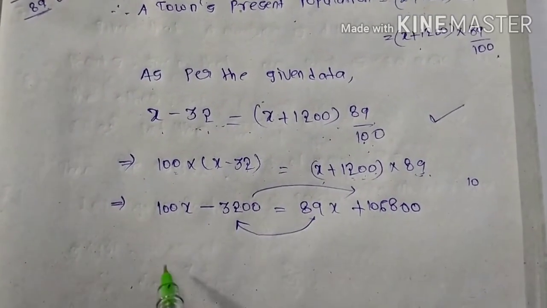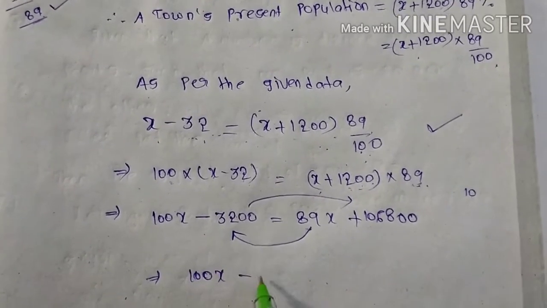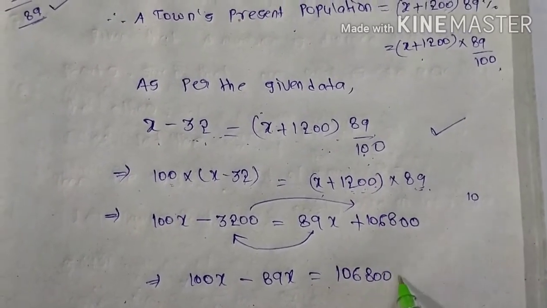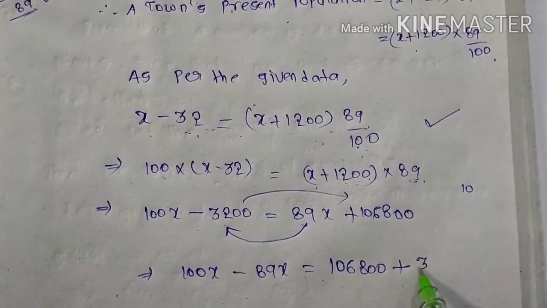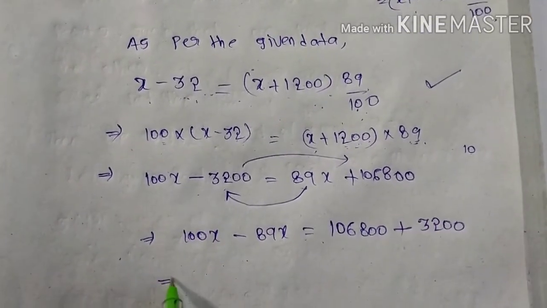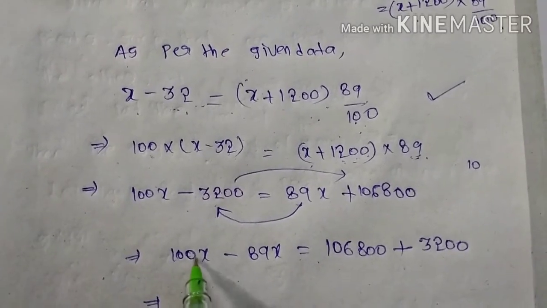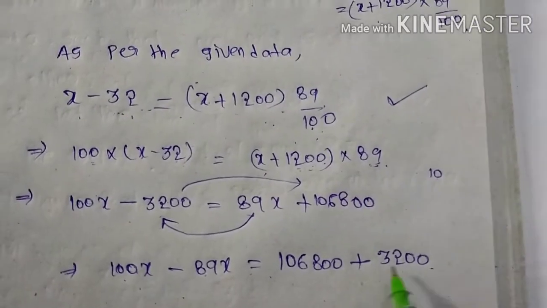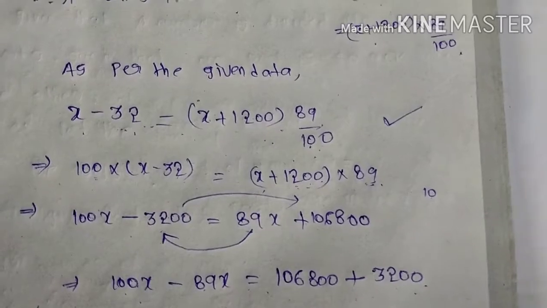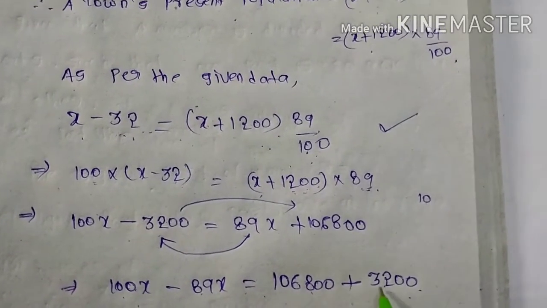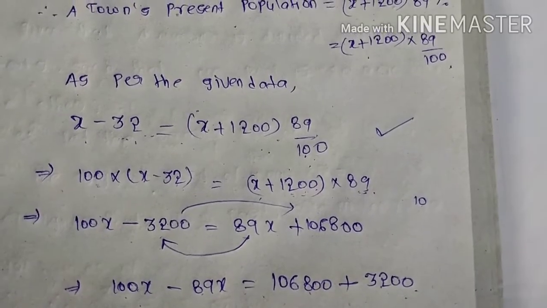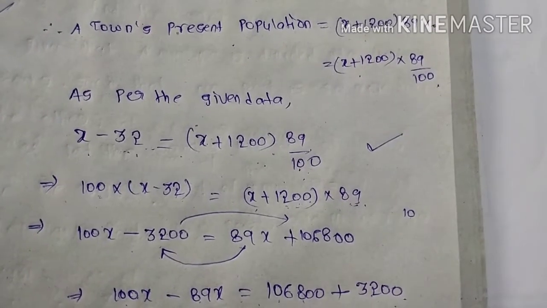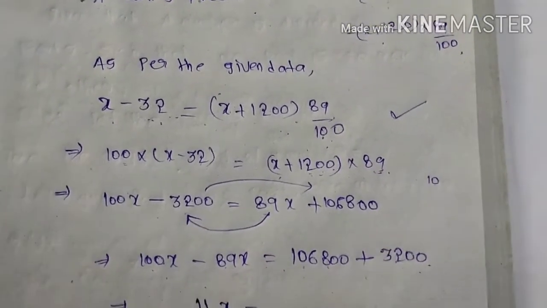It is already minus, so 100x minus 89x is equal to 106,800 plus 3200. 100x minus 89x is 11x. Adding, write 2 zeros directly, 2 plus 8 is 10, carry 1, 3 plus 1 is 4, 4 plus 6 is 10, carry 1, 1 plus 10 is 11. So you get 110,000.